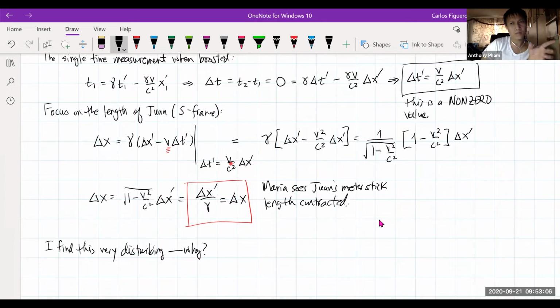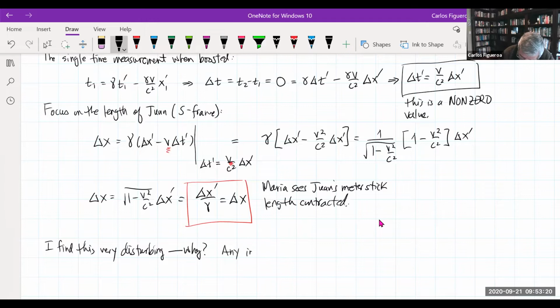Right? Why is this disturbing? Well, I think for me, the reason why this is disturbing is that any inertial observer will always measure different lengths.